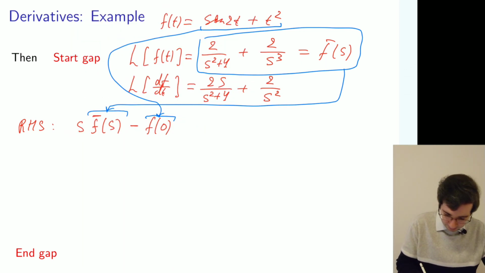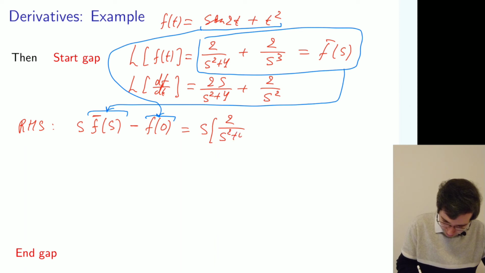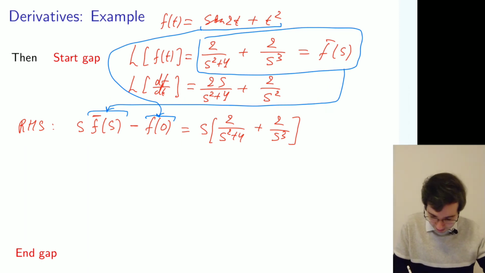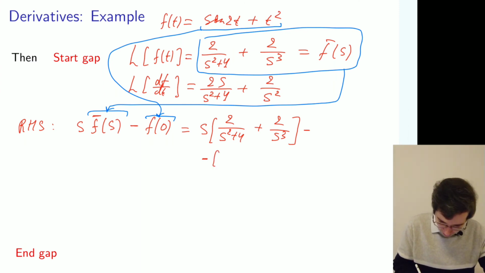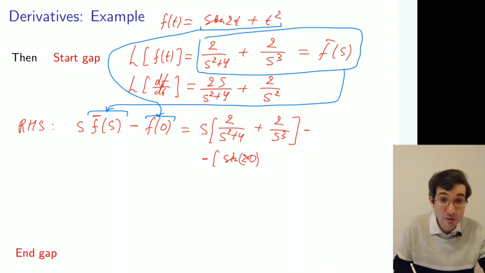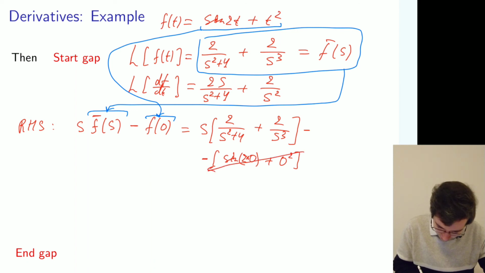If I do that, we get s times 2 over s squared plus 4 plus 2 over s cubed, and we subtract from this the expression sine 2 times 0, which is 0, plus 0 squared, which is also 0. So in fact, the second expression is 0.